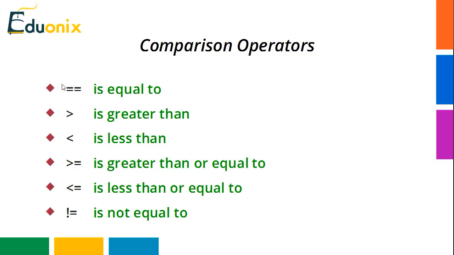And these comparison operators are used mainly with numerical values, but also sometimes with other types of variables, such as a string can be used with this double equals. Double equals means is it exactly identical to, and there's another one here, is greater than, is something greater than something else, is less than, is greater than or equal to, is less than or equal to, and is not equal to. All of these will yield a Boolean output.